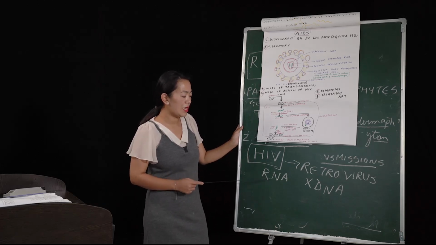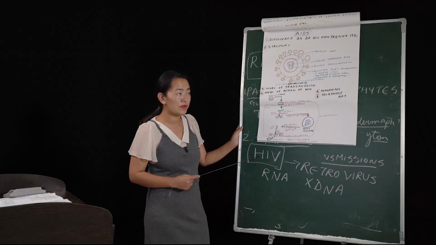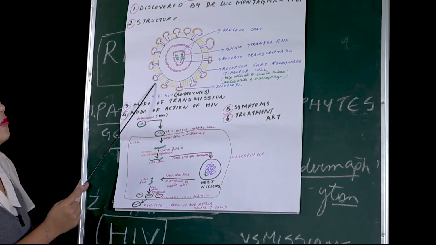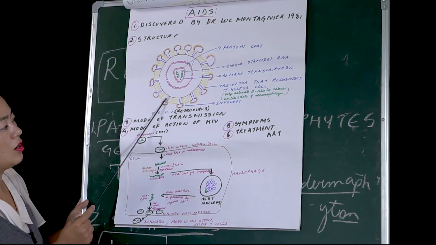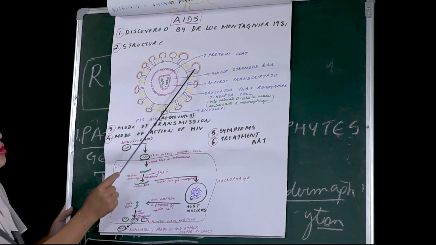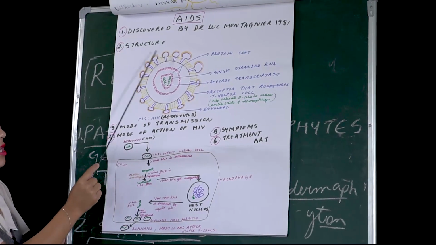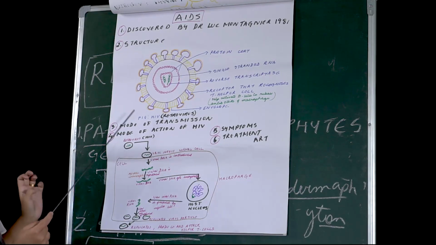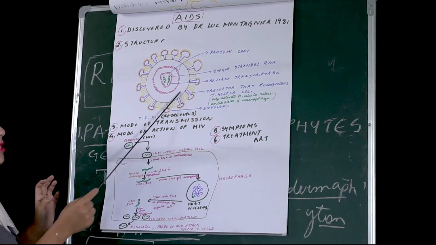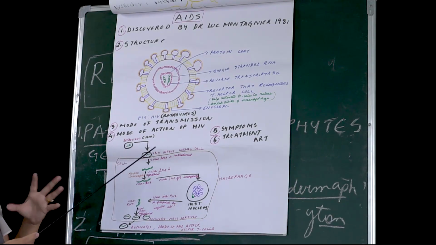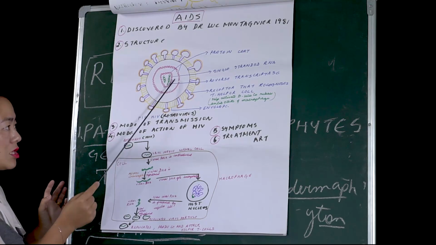When you look inside the retrovirus, that is the HIV, they found lots of post-like structures. These post-like structures are called receptors. Remember that, okay? They are the ones that hook on to the cells. Besides this, they have a lipid layer and 2 protein coats.